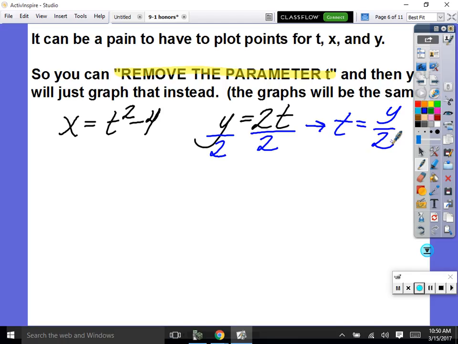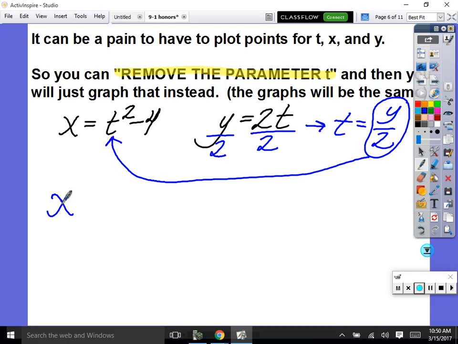So now what we can do is take that and replace t in this function with y over 2. So now we have x is equal to y over 2, replacing t, squared, minus 4. And now do you see how we have this new equation that's just in terms of x and y? Isn't it easier to find x and y points for just that? Does that make sense, everybody?